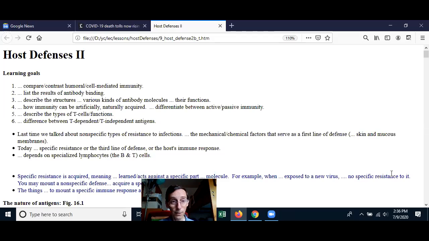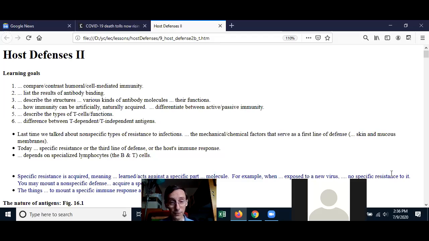Be able to describe the various structures and kinds of antibody molecules and their functions, meaning when we make antibodies, we make 5 different types, and they have different structures and different functions.